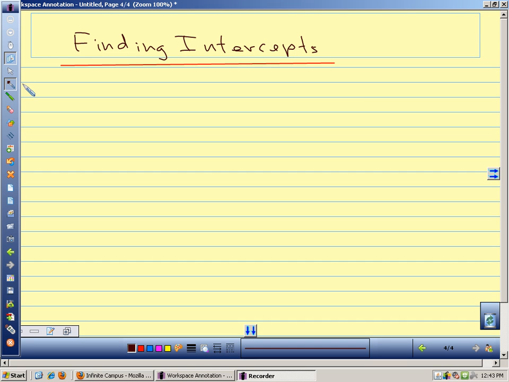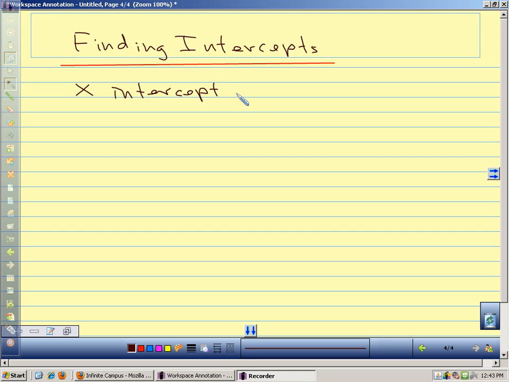Finding intercepts is easy. What we mean by an x-intercept is where y equals 0.